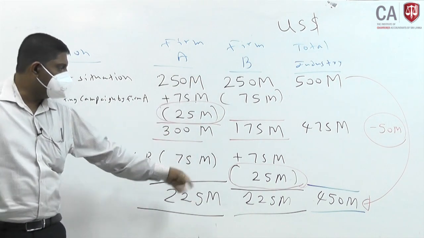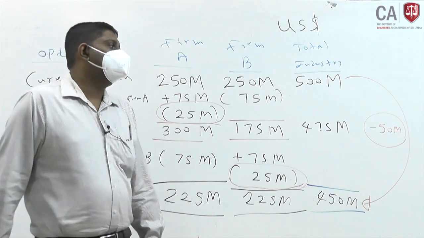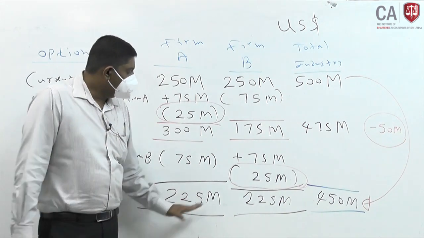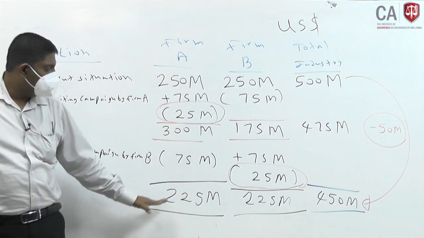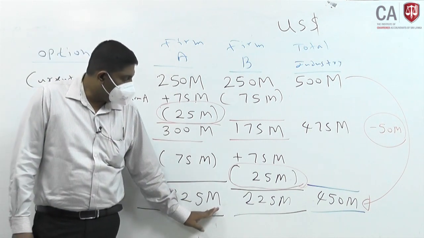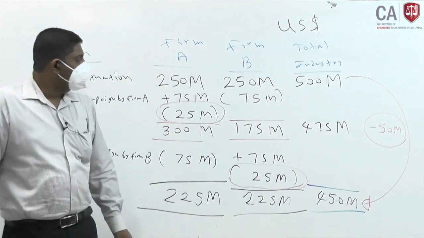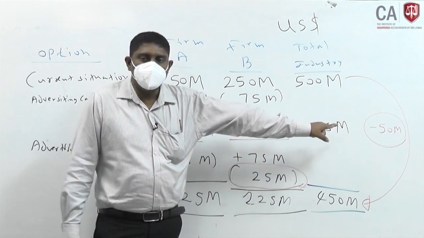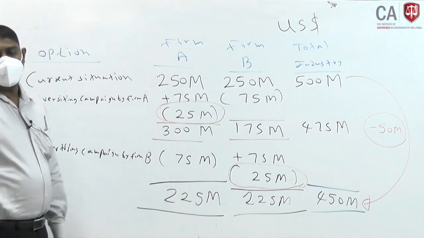Because of this response made by each one to capture more market share, ultimately the profit is reduced for both. Firm A income becomes 225 million, firm B income becomes 225 million, and as a result the industry suffers a 50 million loss. I think it's clear for you.